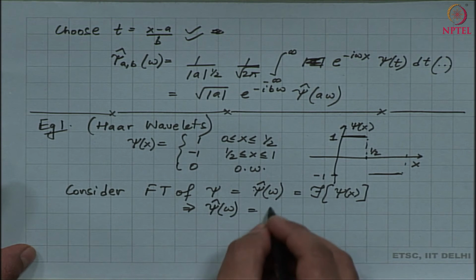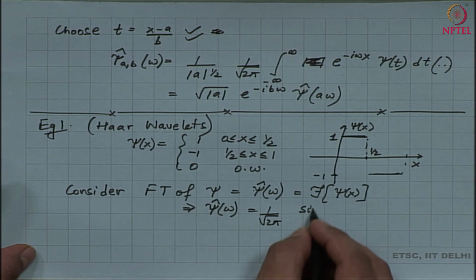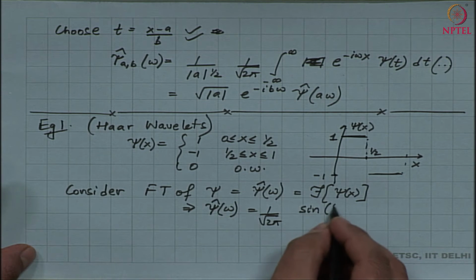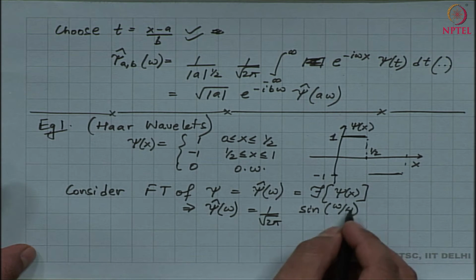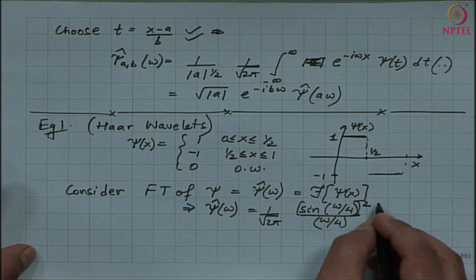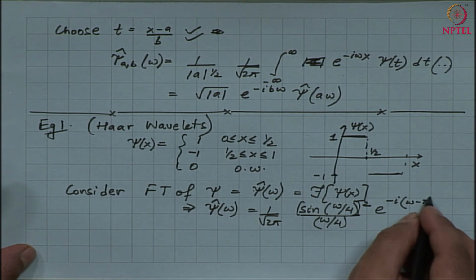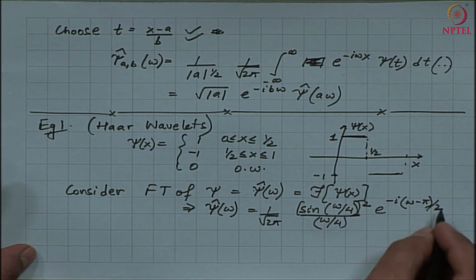This comes out to be 1 by square root 2 pi times sine of omega by 4 whole square divided by omega by 4 times e to the power negative i omega by 2.